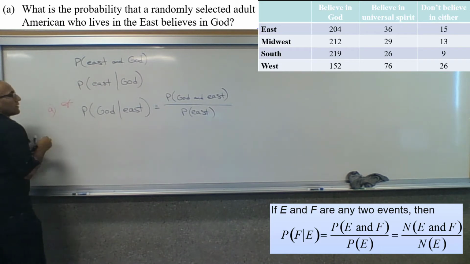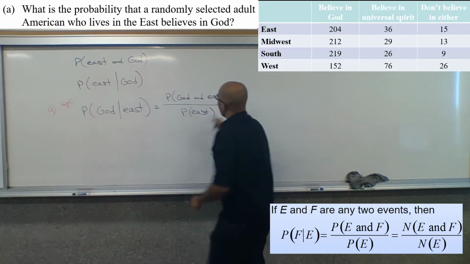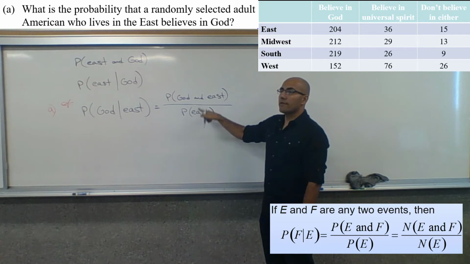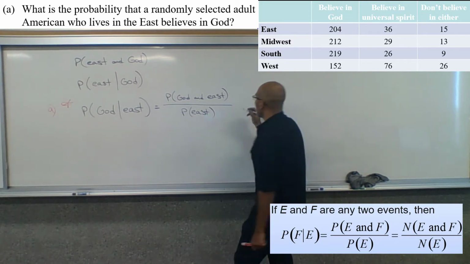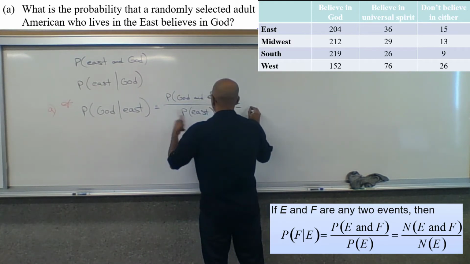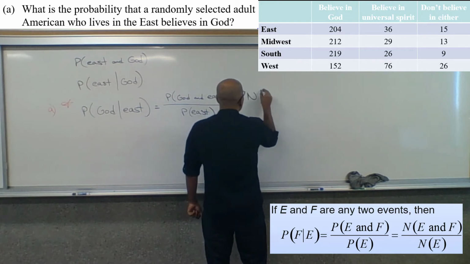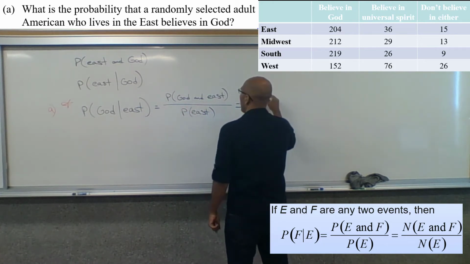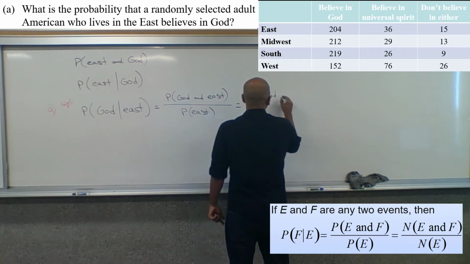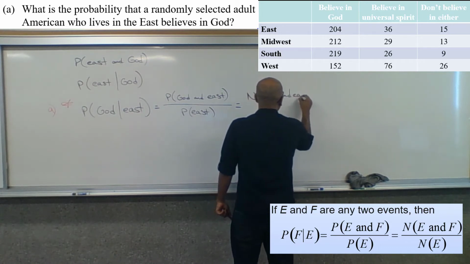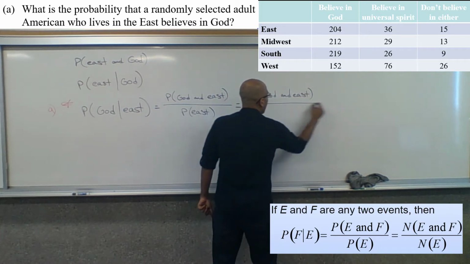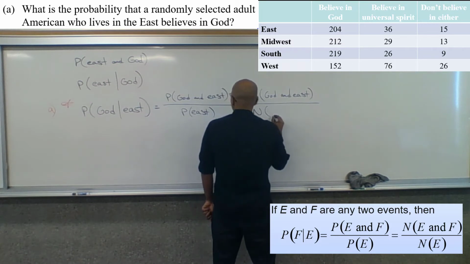Part A. Okay, but then we don't really know those things. I don't know this probability and this probability. It would be more useful for us to use the other part of our definition, that it's equal to the number of outcomes that are in God and East, divided by the number of outcomes in the East.